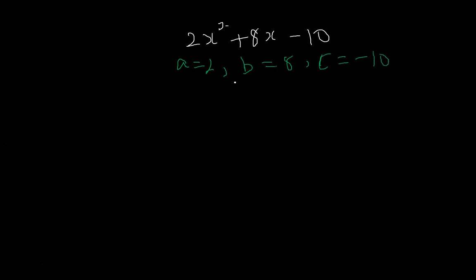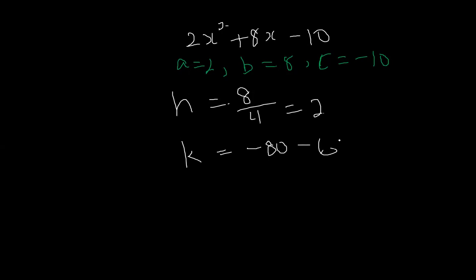Find h. H is b on 2a, so that's 8 on 4, which is 2. K is 4ac minus b squared, all on 4a. 4 by 2 is 8, by minus 10, minus b squared, minus 64.